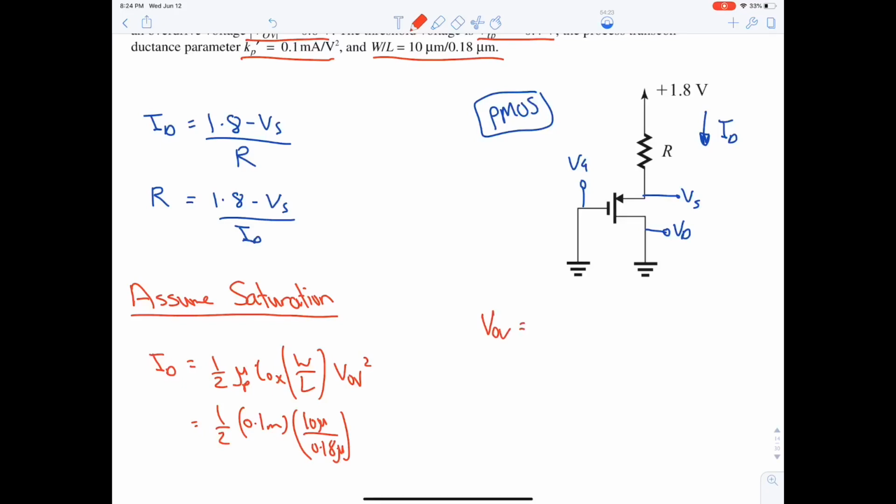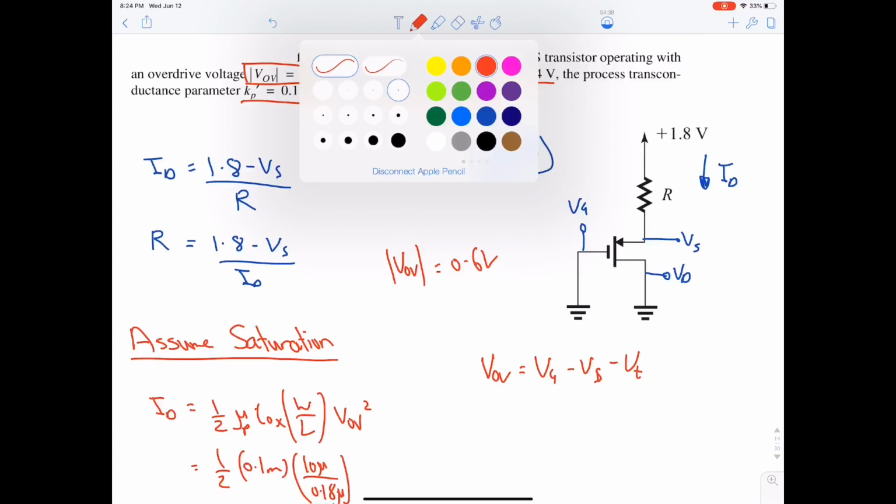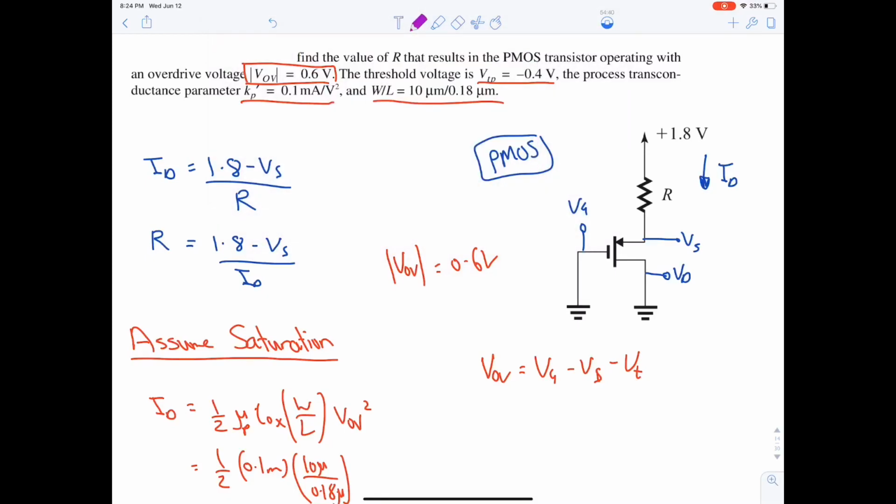VOV is VG minus VS minus VT, but it's given already in the question directly. Absolute value of VOV is 0.6 volt. Now there's a trick here. What does it mean that there's an absolute value on VOV?